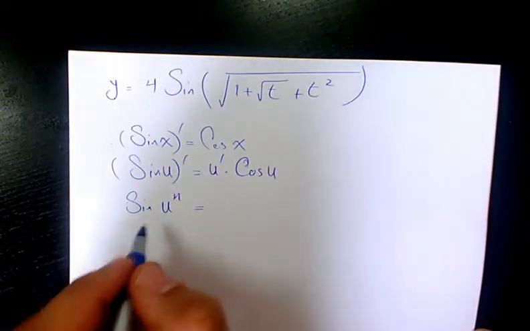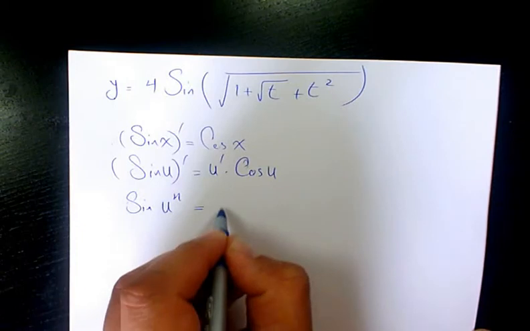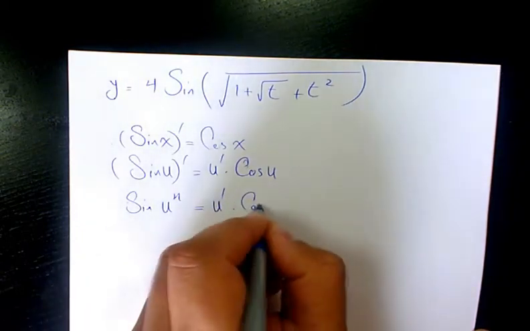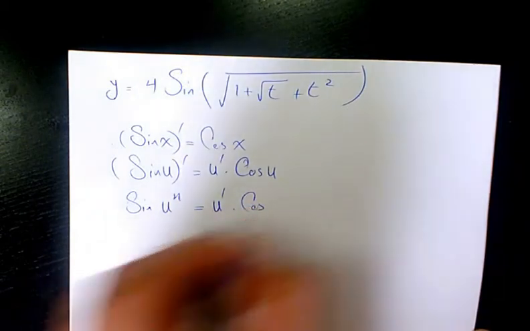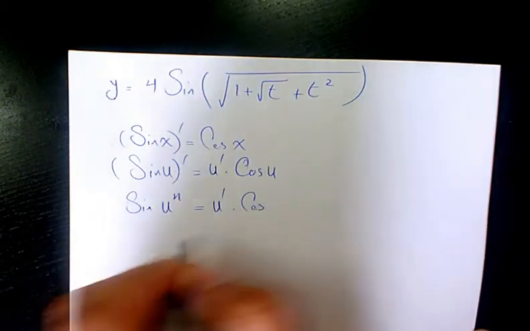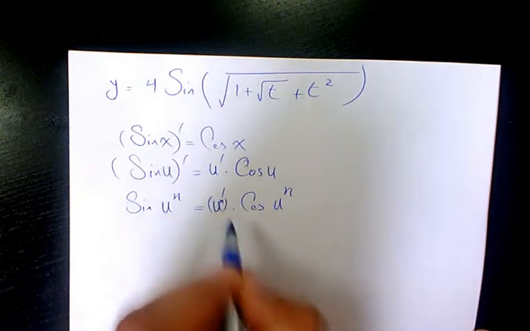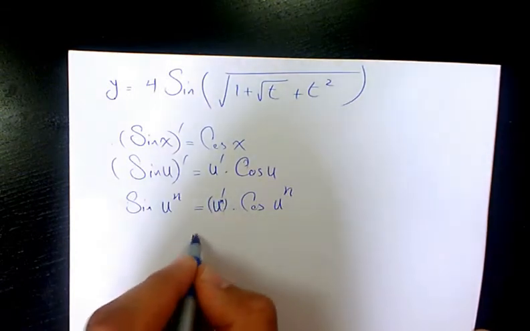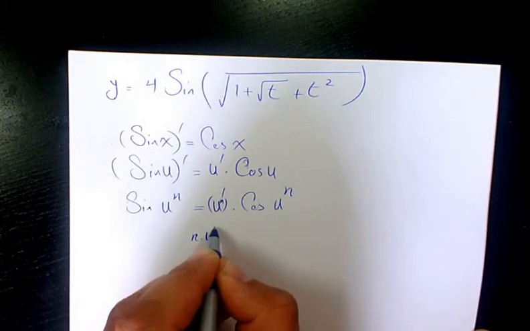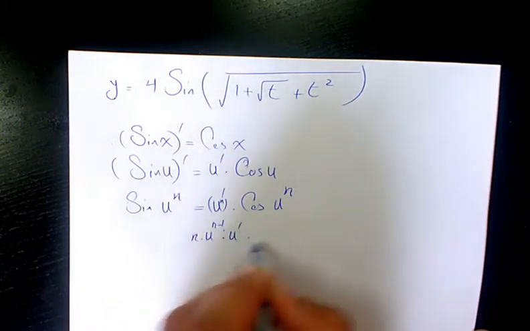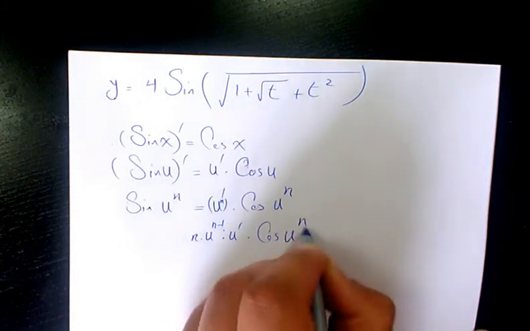That's going to be u prime times cosine u to the power of n. Basically, u to the power of n prime, which is going to be n times u to the power of n minus 1, times u prime times cosine u to the power of n.